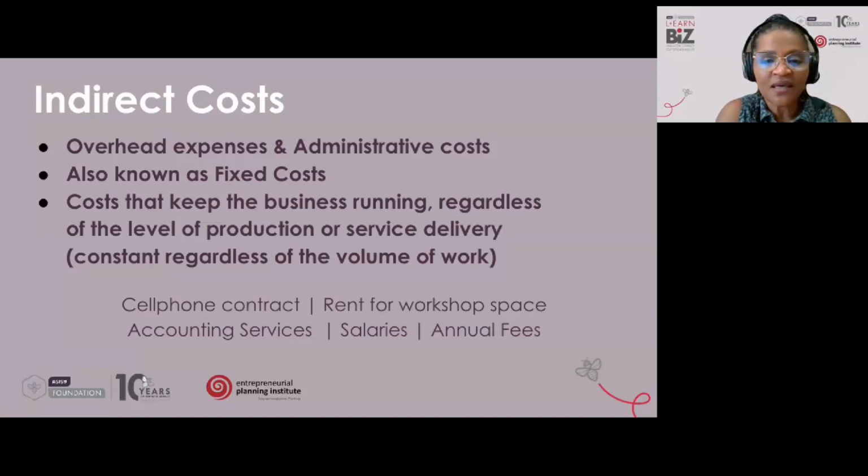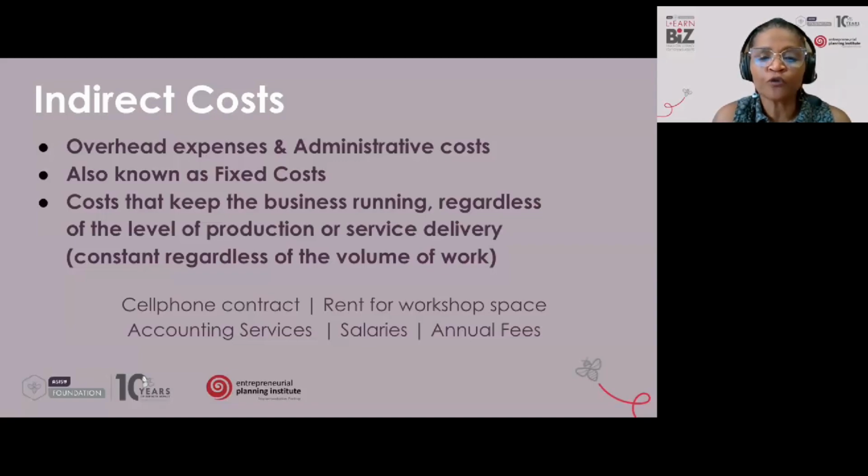These are rent, maybe some salaries, certain fixed costs that exist in the business. The number of telephone calls I make a month is not linked to the number of customers I attend to, but the telephone bill must be paid. So these are what we call indirect costs, and they are overheads.